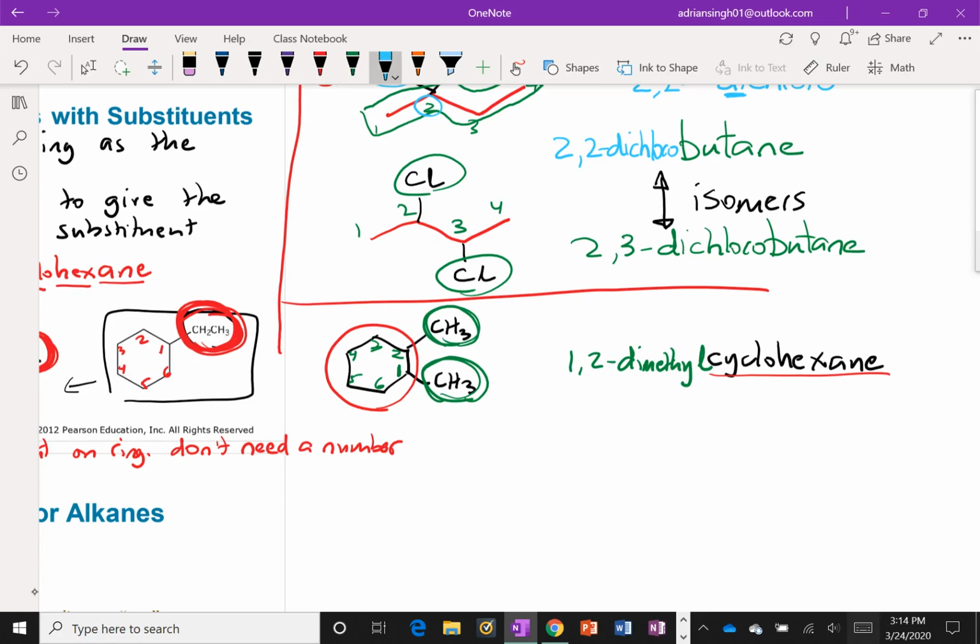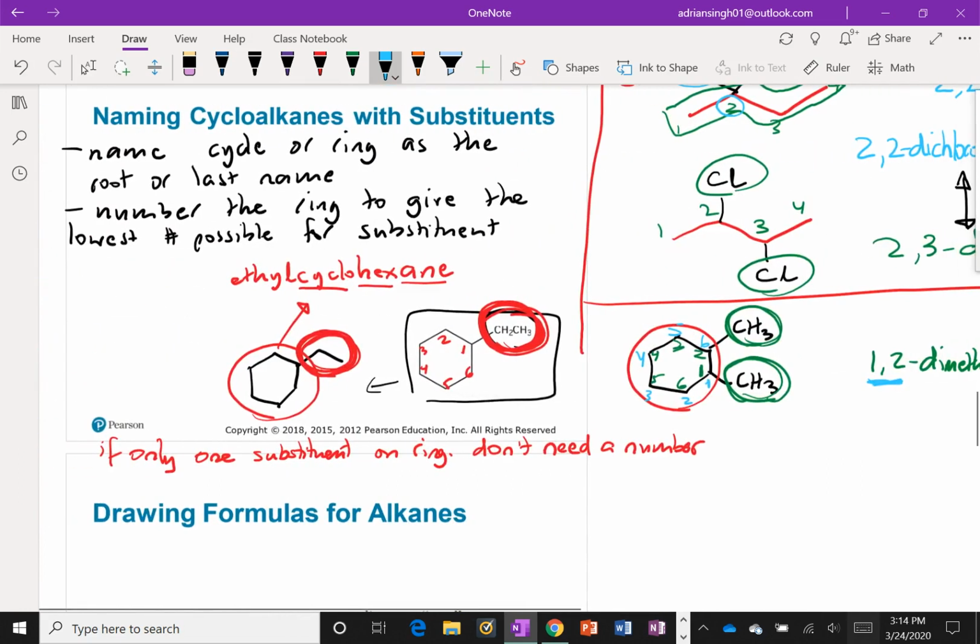So if I were to number it in blue, 1, 2, 3, 4, 5, 6, so 1,2-dimethyl versus 1,6-dimethyl. The 1,2 is always going to win, right? So you get the lowest number possible for the substituents in terms of where they're located on the ring structure. So it's the same idea when it comes to numbering that we saw with the chain.